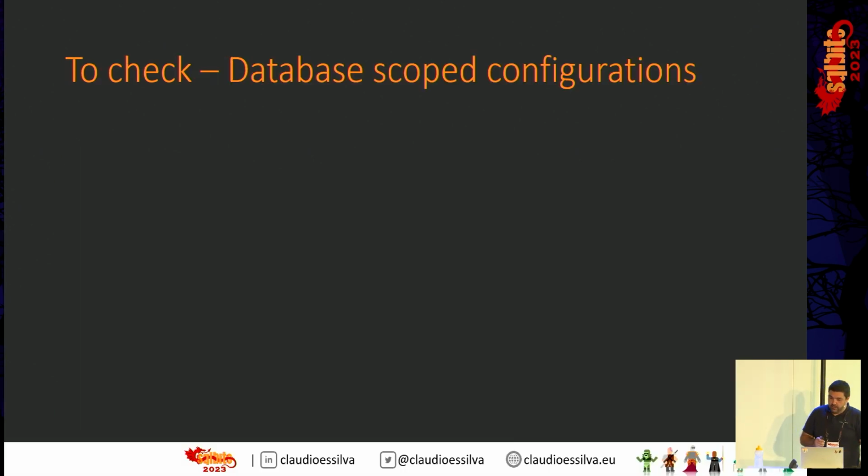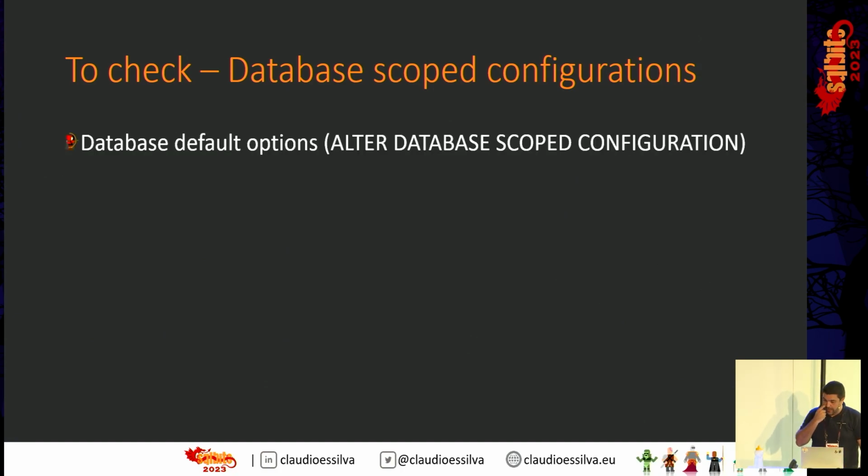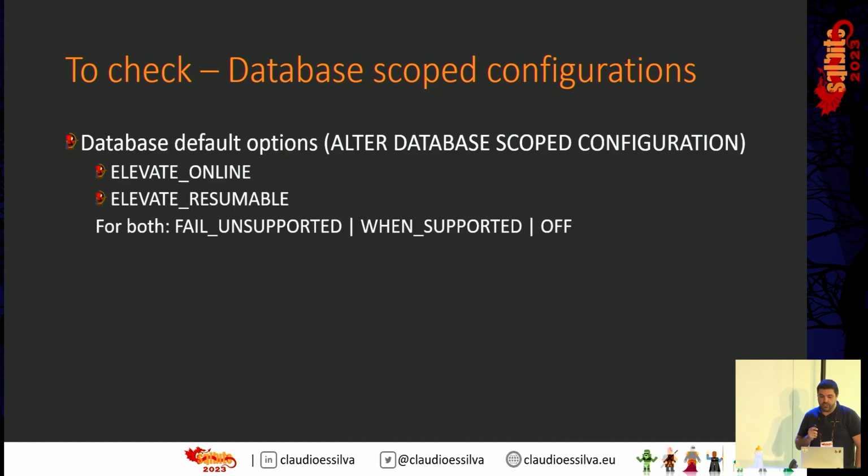So things that you may also want to check are the database scoped configurations. There are two new options, which are elevate online and elevate resumable.